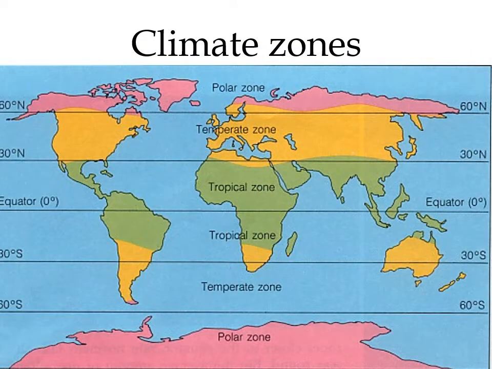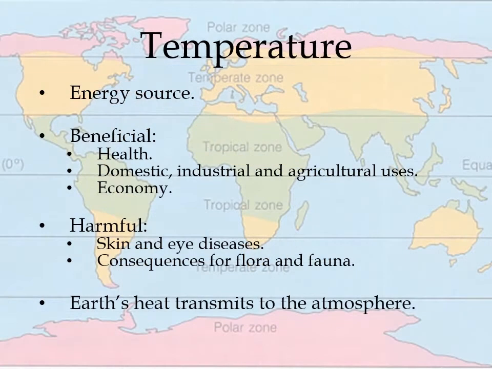When studying the climates of the world, we will distinguish the different climates that can be created throughout this. You know, at the north and south, those polar zones, which are very cold. In the middle, the tropical zone, which is hot, and in between them, the temperate zone at the north and at the south. So temperature.